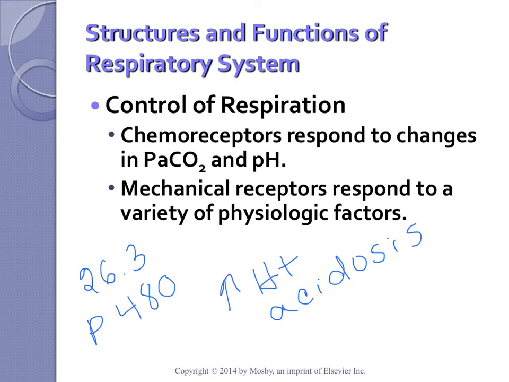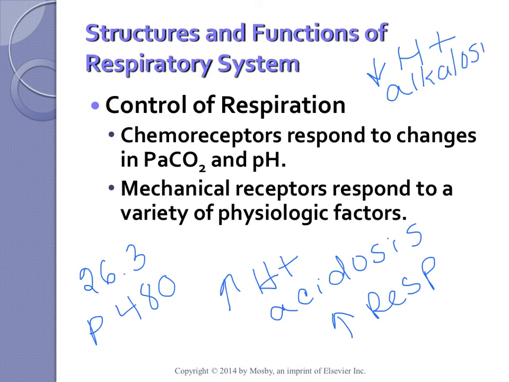And when we have that increase and we are acidotic, the medulla increases the respiratory rate to try to balance that back out. Remember, our body is very well designed in trying to maintain a homeostasis balance within itself. If you have a decrease in the hydrogen, this is your alkalosis. And this has the opposite effect, so your respirations would decrease.